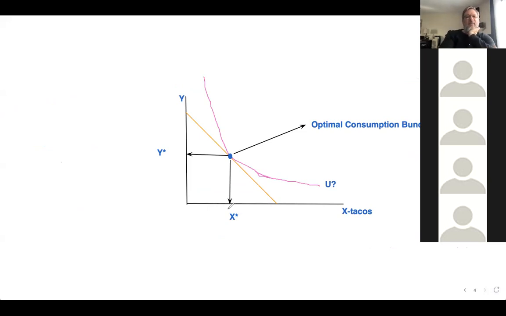And what we really want to do is, if you understand this kind of graph, and by the way, one of the things that we're going to want to do is once we find X star and Y star, we're going to want to plug it back into our utility function to find the consumer's optimal level of utility, what level of utility they achieve, U star.